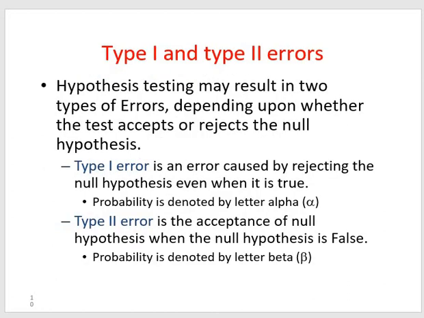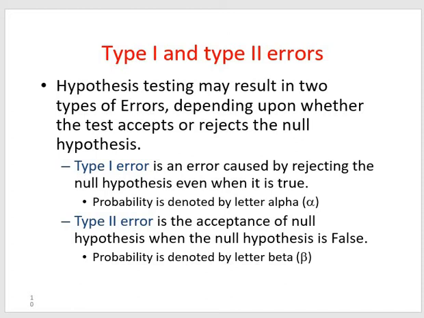The second is what? Type 1 and type 2 errors. Once we have gone through the hypothesis testing, the next concept is type 1 and type 2 errors. Now what is type 1 error and type 2 error? We will understand that by taking into consideration the hypothesis. Hypothesis testing may result in two types of errors.